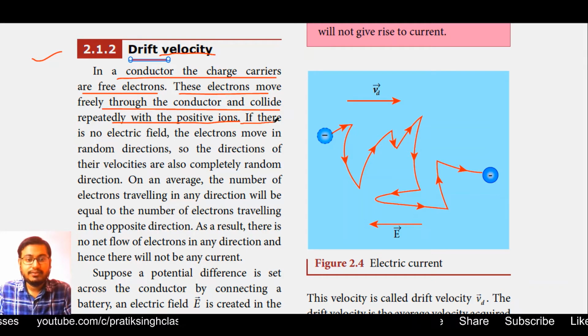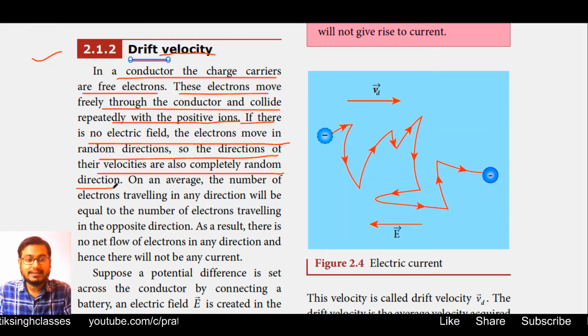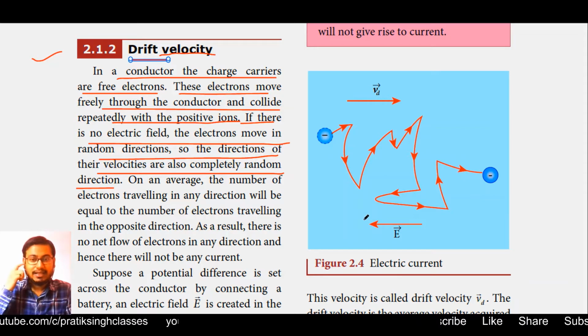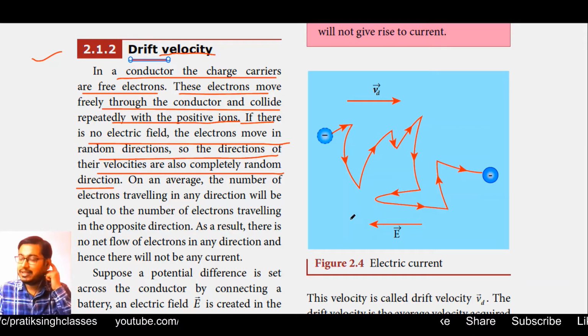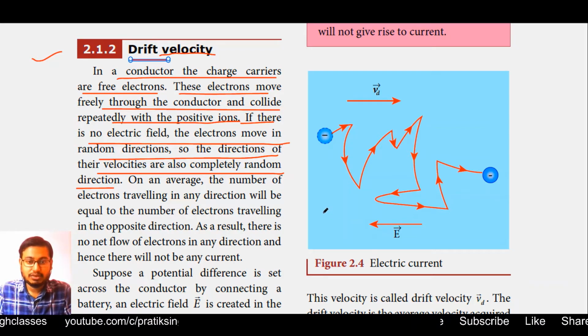So if there is no electric field, the electrons move in random directions, so the directions of their velocities are also completely random. Means if the charges are moving and no external electric field is applied, then they will move in random directions, in such a way that the net movement of charge in any particular direction is equal to 0, and so the net electric current is equal to 0.